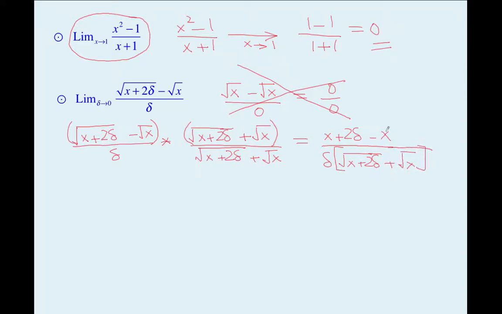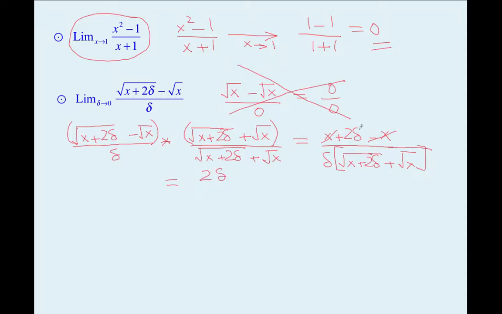Now at the top the x's cancel out, leaving just 2 delta here. Look at the bottom. Here, provided x is not 0, I can take delta to be so much smaller than x that I can forget about this. I can't forget about this. So this is then equal to 2 delta.